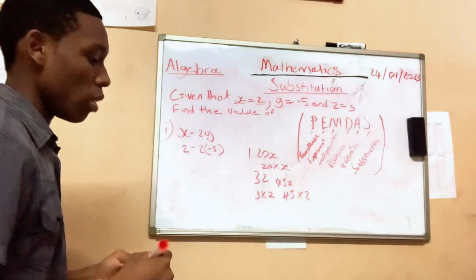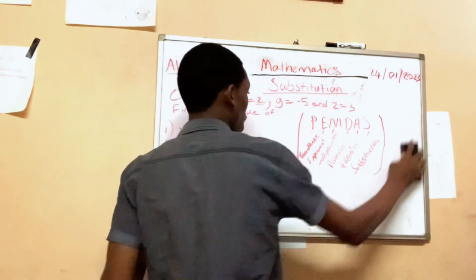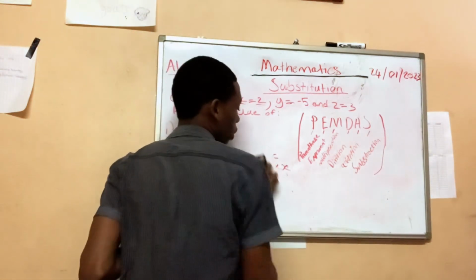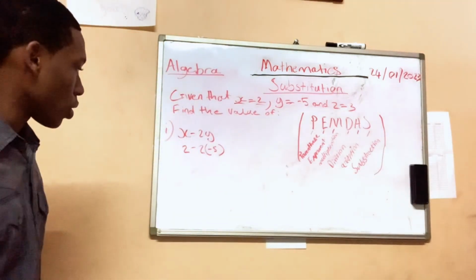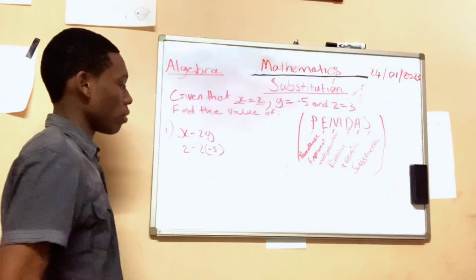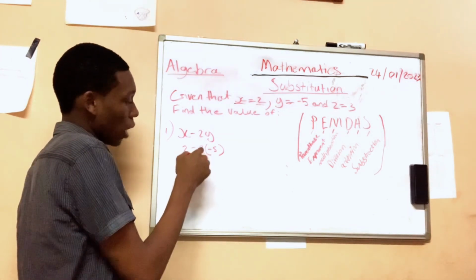When a variable and number are together, it means multiply. And a bracket for numbers means multiplication too. That's why I have 2 bracketed -5, because this means 2 times -5.